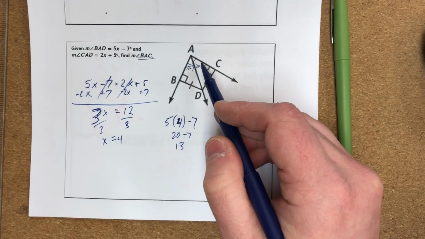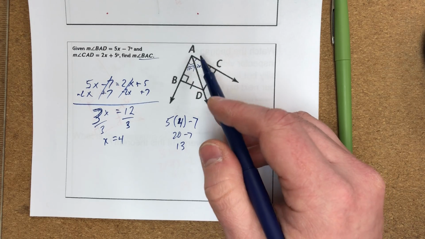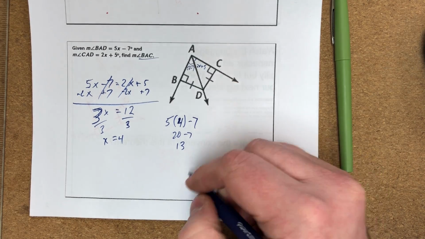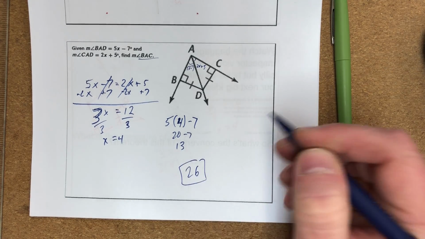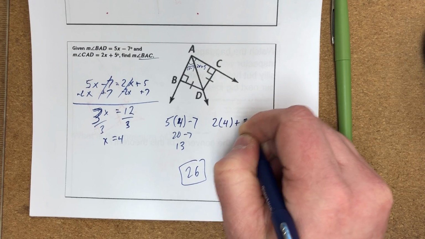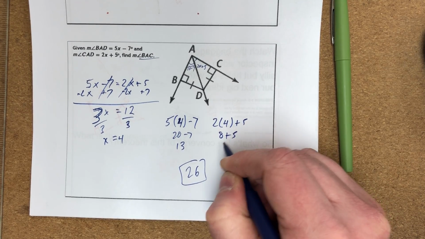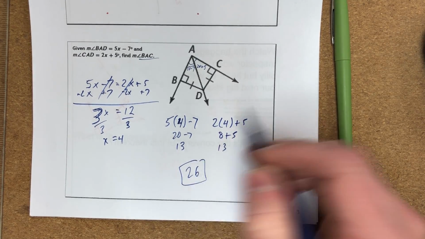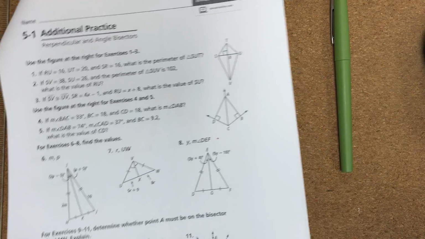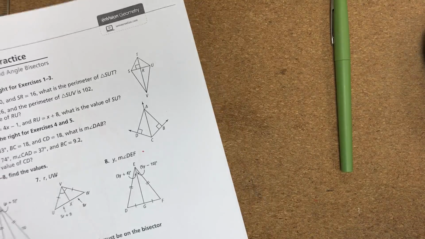I should get 13 for both, because 2 times 4 plus 5 is 8 plus 5, which is 13. So it's 26 total. So yeah, several ways you can do it. All right, and we're already at the end of the lesson.